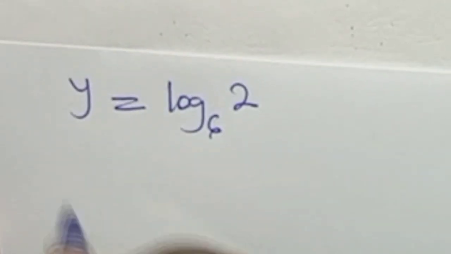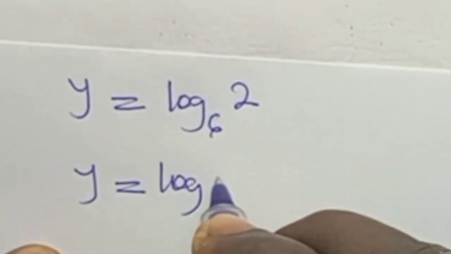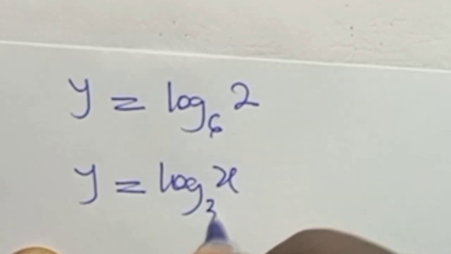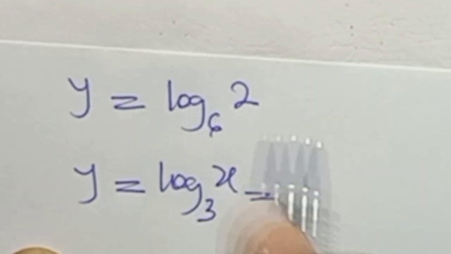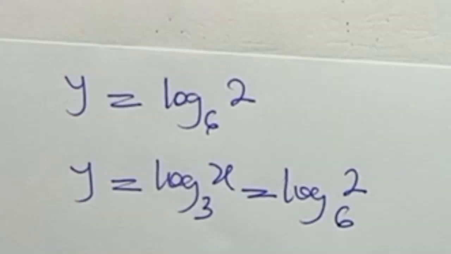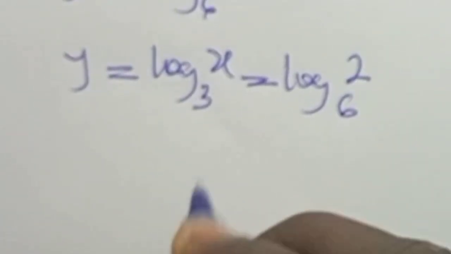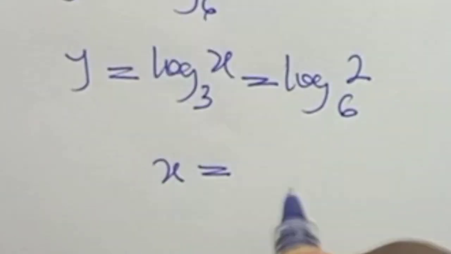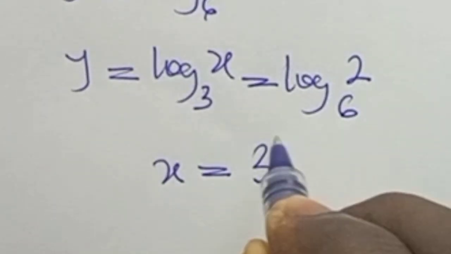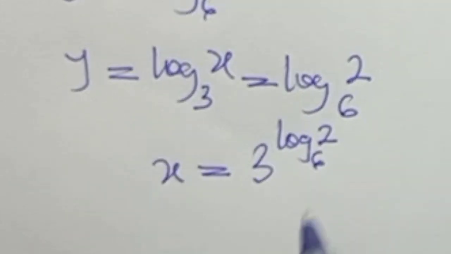So here we had y equals to log x to base 3, and here it's also equals to log 2 to base 6. So from here, x in an index form will become x equals to 3 to power log 2 to base 6.